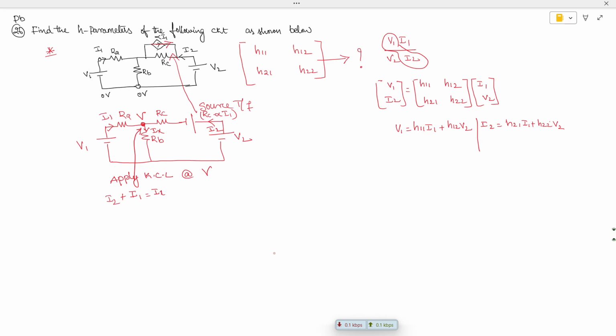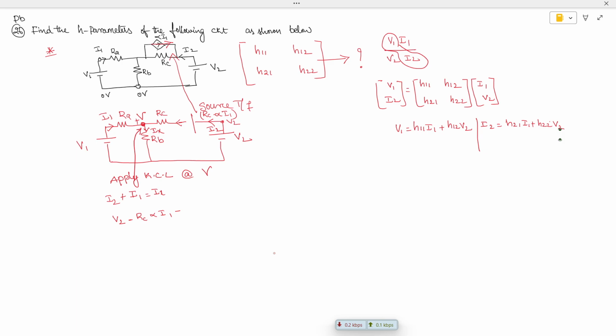So I am going to write down in the standard format. So how to write down I2? The voltage at this point is V2. So I can write down I2 as plus V2, and the current is leaving, or the leaving polarity we have, minus RC into alpha I1 is the drop.